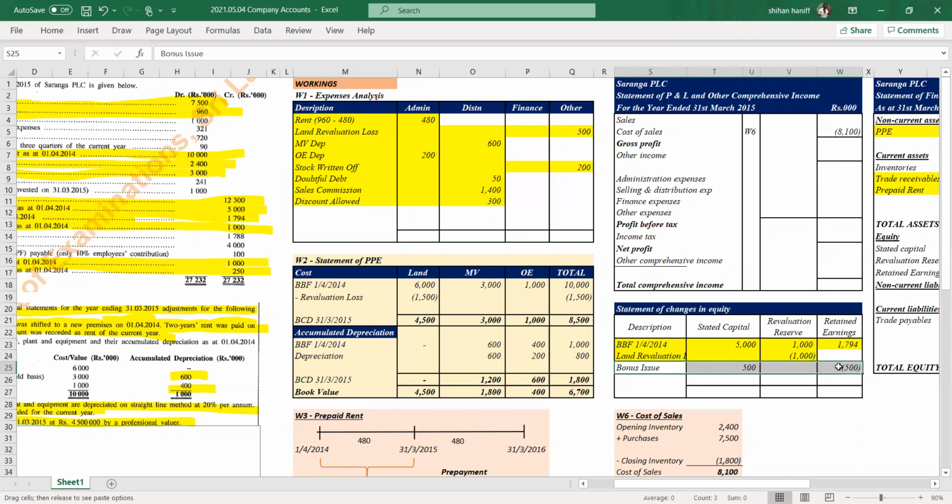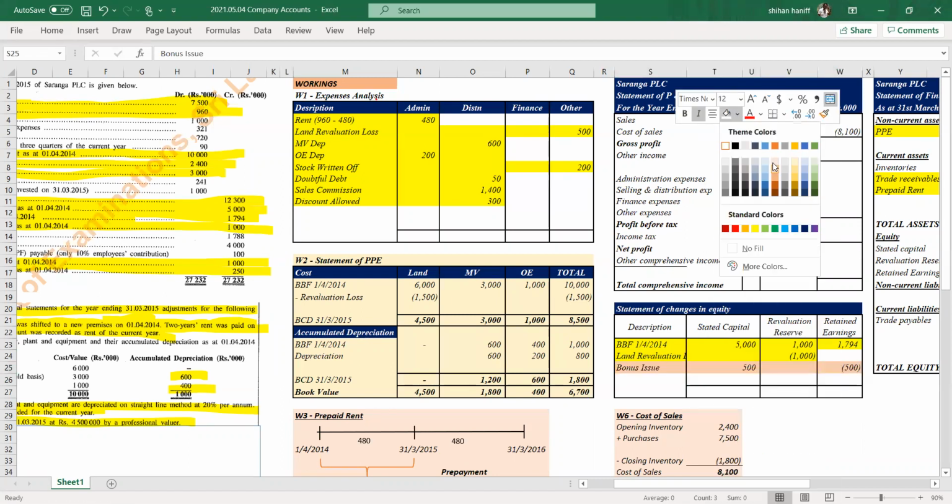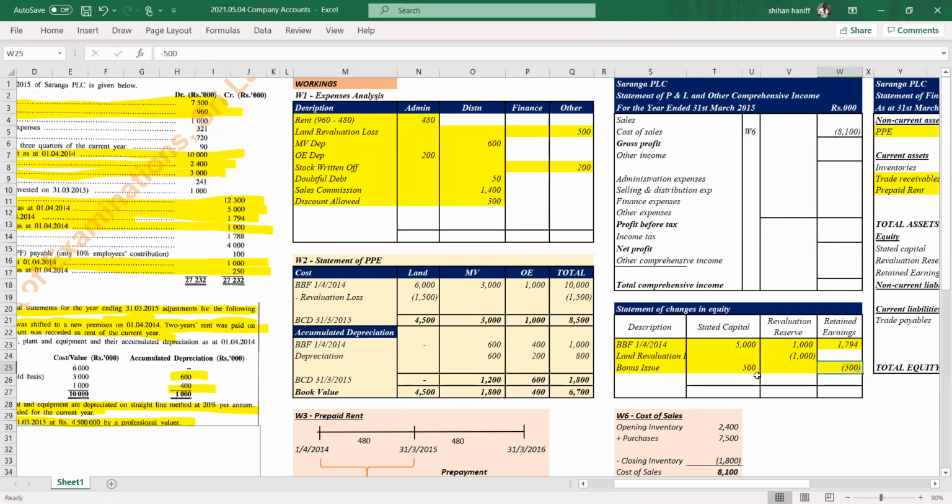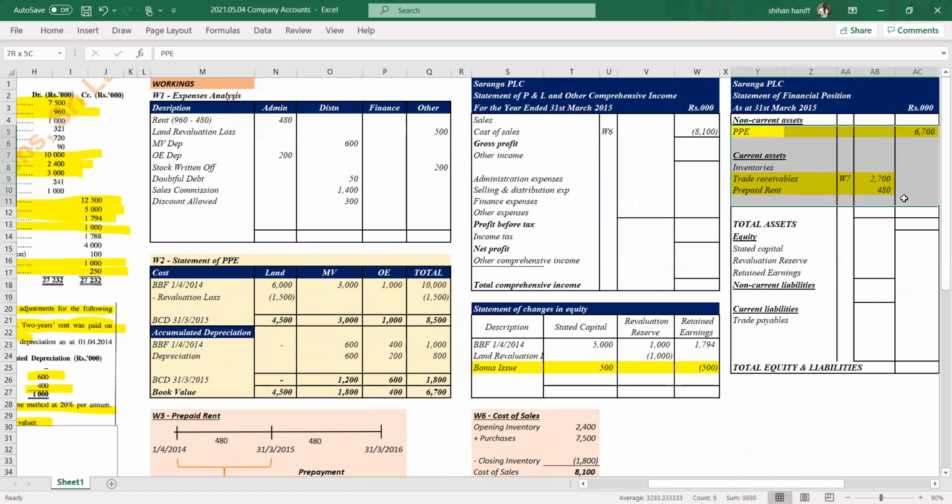Bonus issue. Retained earnings minus, stated capital plus. Retained earnings transferred to the stated capital account. It is called bonus issue.